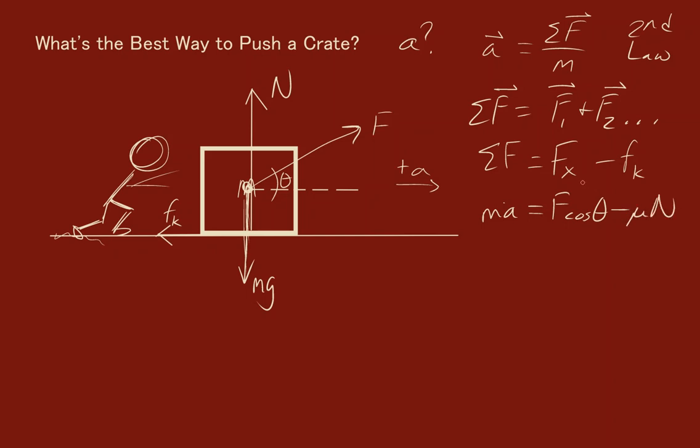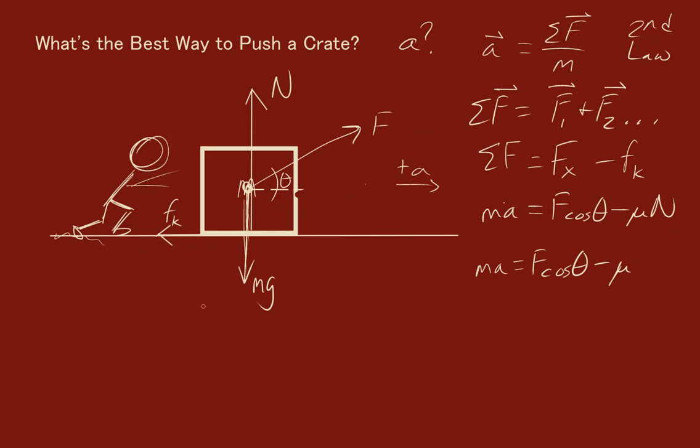But take a look here. The normal will not equal the weight because we have a y component to our push. So I'm going to get rid of this, just to clean it up, because remember, we do not put components on free body diagrams. So we can rewrite this as ma is equal to whatever our x component is minus the friction, but we can replace this normal here.